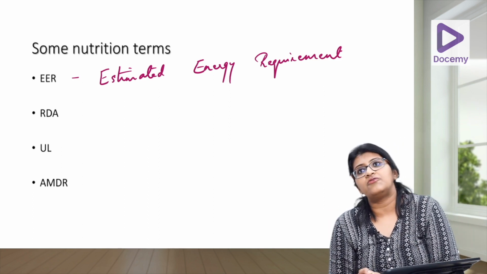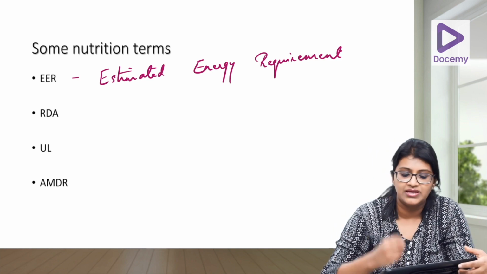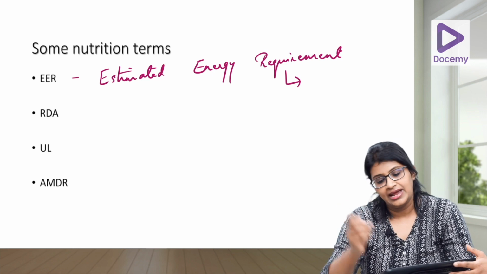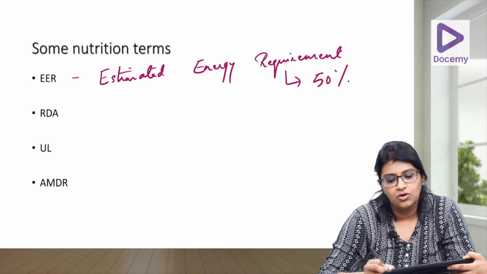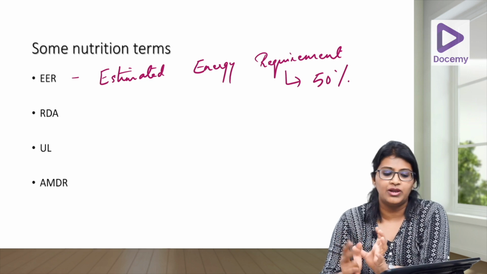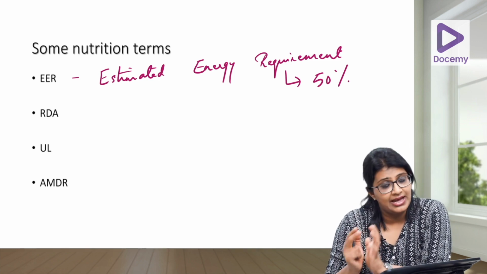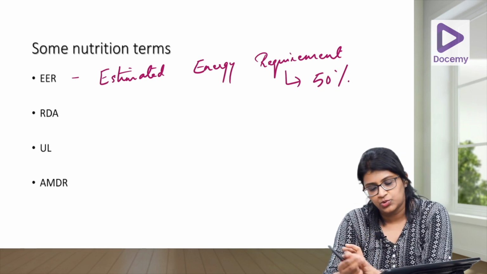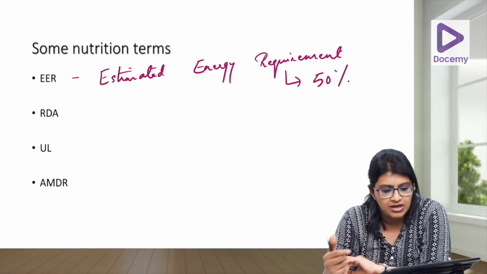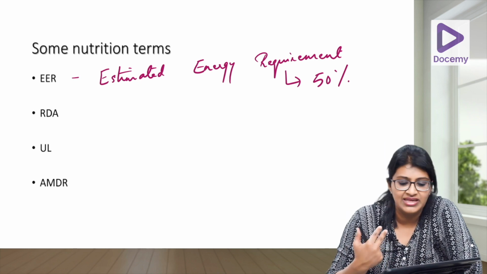What we are looking at with estimated energy requirement is how much energy is required to sustain at least 50% of all children in that age group, right? So there are multiple methods of doing this. We have equations, we have actual methods called calorimetry.